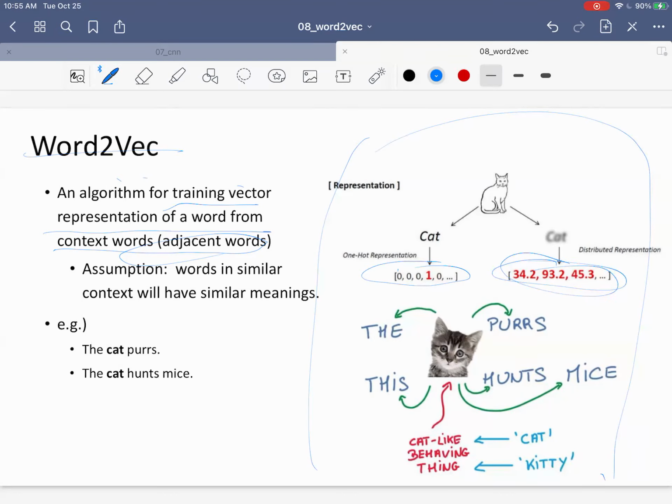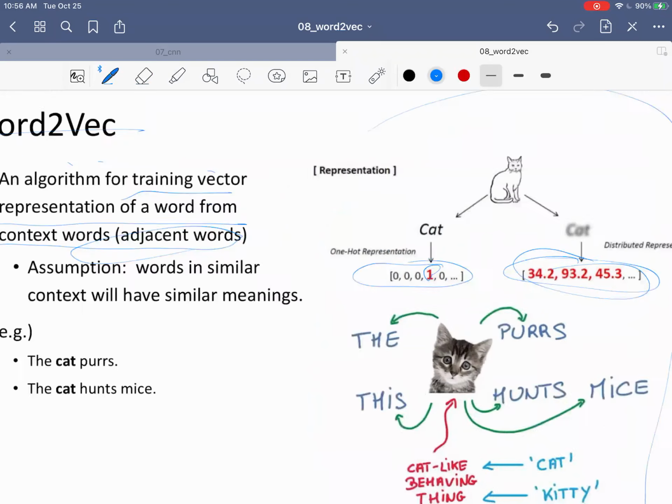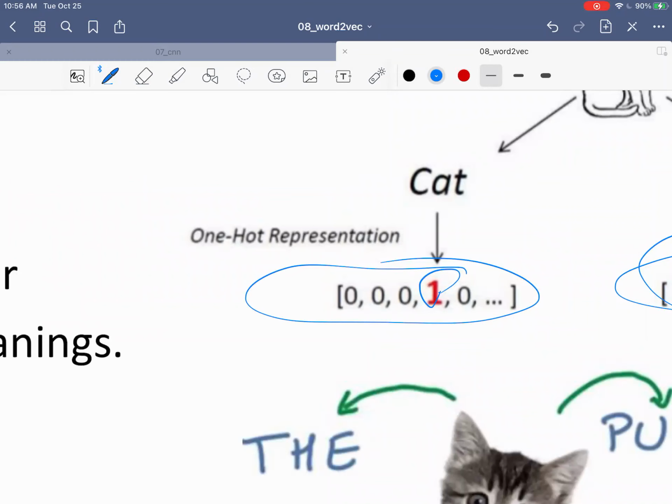First of all, when you have a one-hot representation, if you change, for example, this value to 1 and this value to 0, then it'll immediately represent a completely different object, different meaning. Like a dog or a truck or a car or something that's completely irrelevant to a cat. So the essence is that when you have a one-hot vector like this and you modify the contents of the vector, then it'll immediately change the meaning of the vector.